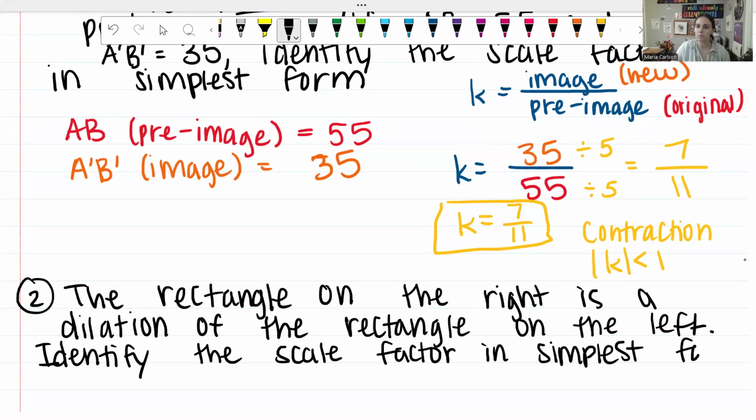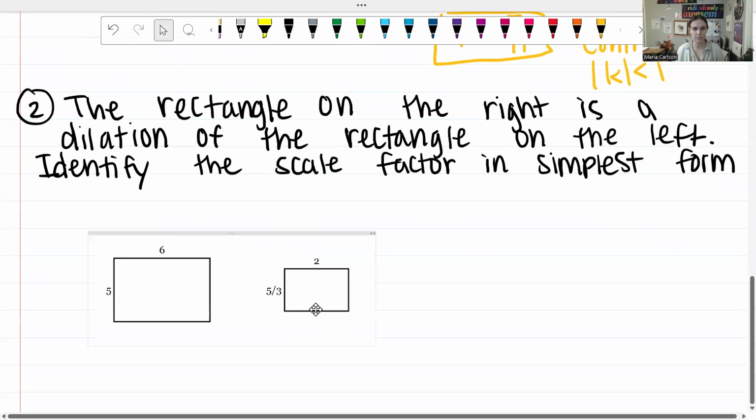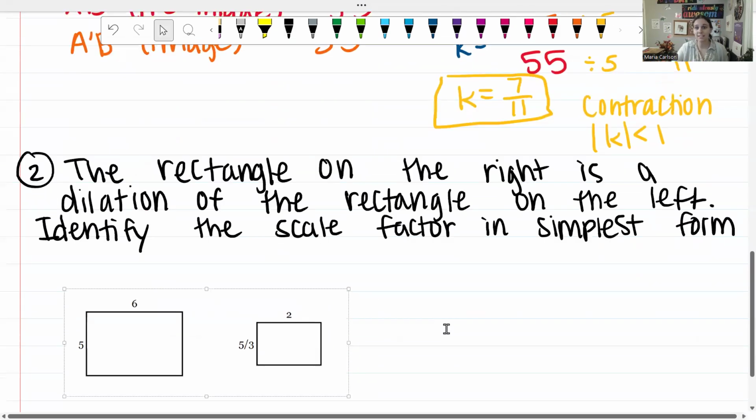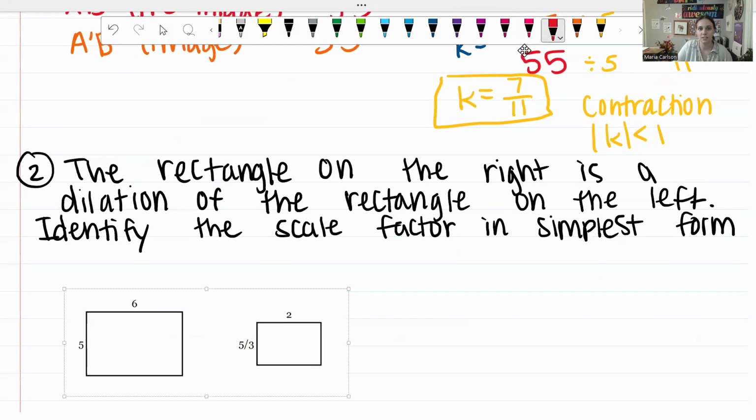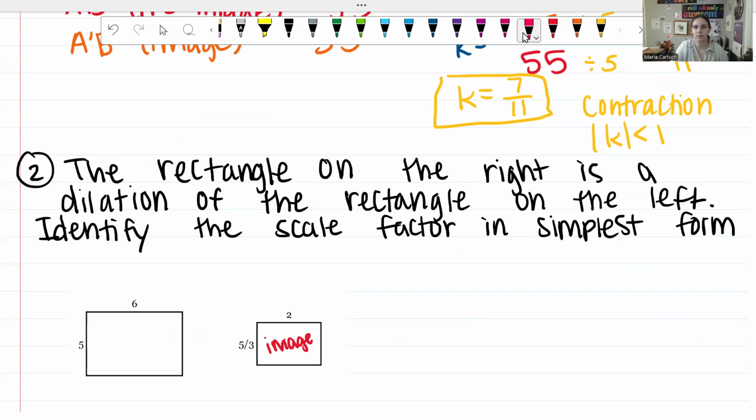All right, and the image has 2 rectangles, and we know the one on the right is a dilation of the one on the left. So this smaller shape is the image. It's been dilated from the pre-image here on the left.